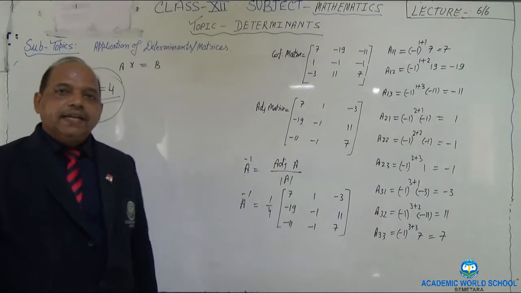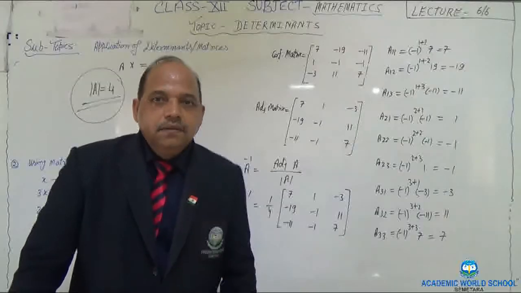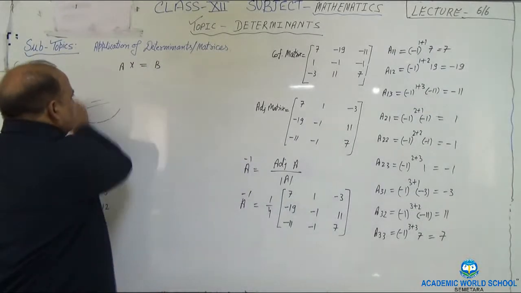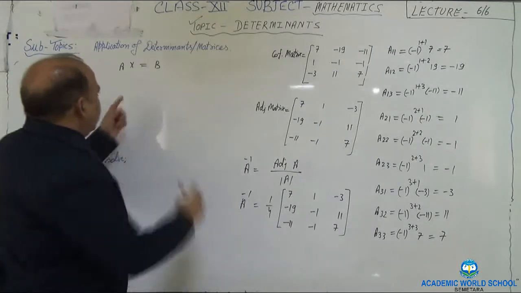Now I think we are left with only one last step. What is that? We need to find out the value of x. So what is the value of x?